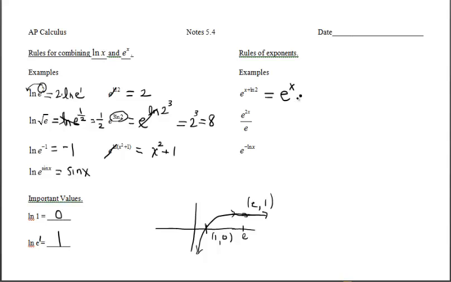If I'm adding x plus natural log of x, that means that I can take a base of e and take each of these terms and make it the exponent of that same base. Because what you learned in the past is if you're multiplying with the same bases, you add the exponents. You can't just simply combine these because we don't know what x is. So it's just a backwards approach to the property we've always known.